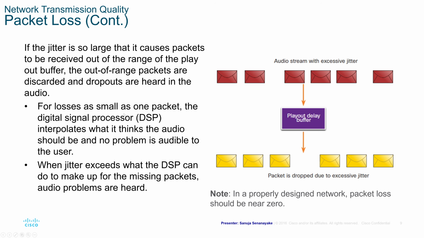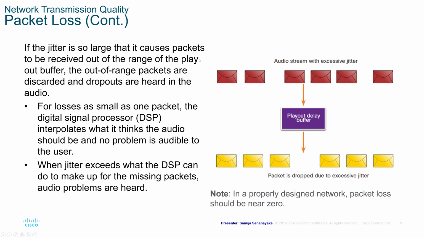For losses as small as one packet, the digital signal processor, also known as DSP, interpolates what it thinks the audio should be, and no problem is audible to the user. So if a loss is just one packet, the DSP would be able to recover it. But when the jitter exceeds what the DSP can do to make up for the missing packets, the audio problems are clearly present.